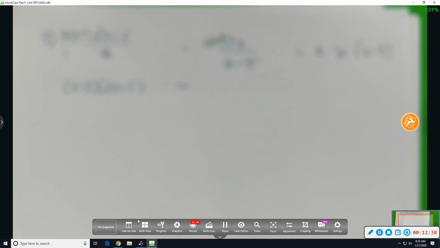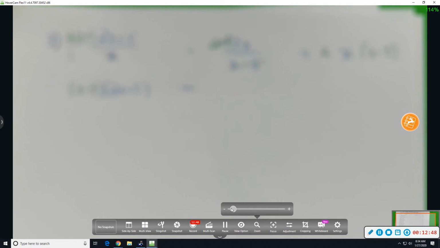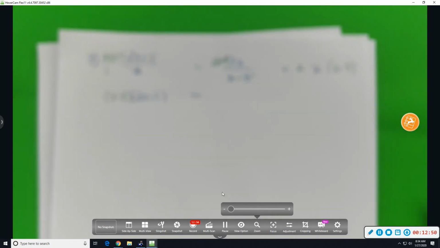I know it's because of the zooming, I think. I wonder what's happening. Let me see if I remove the zoom. It's still not focusing.